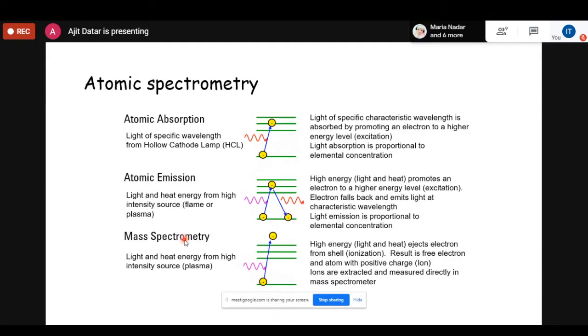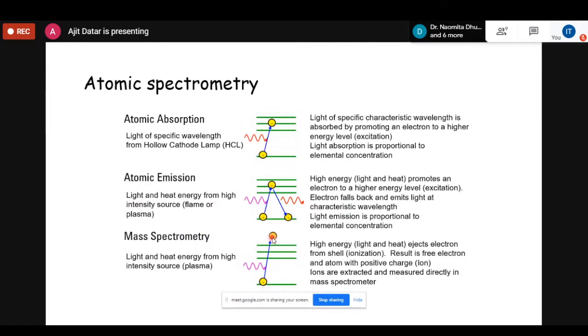While when we have mass spectrometry, we use exactly the same technology. We have ICP-MS, so we use the plasma, which is argon plasma, and then, as I said, most of the elements go to the excited state, and also most of the elements will lose an electron, and they will get excited so much that the electron is lost permanently from this atom, so it becomes a positively charged ion.